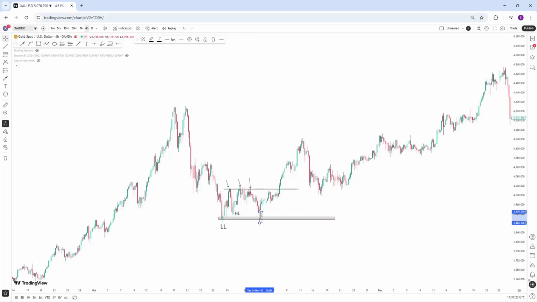We can also see that another yellow was created here, showing us that price doesn't want to go below this level. You get it? Okay, so what happens? The market consolidates, creating another higher low here.